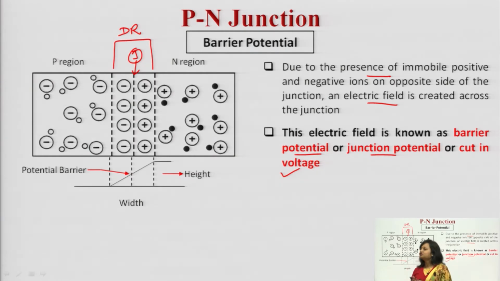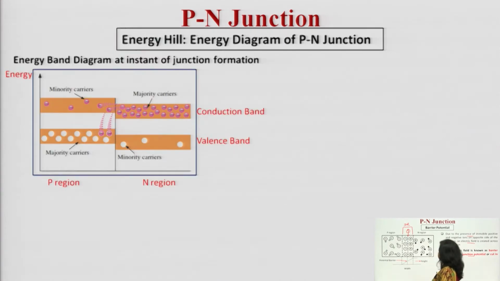Because of this barrier potential, further diffusion will take place only when the applied voltage crosses this barrier potential. If you talk about silicon, the barrier potential is 0.7. If you talk about germanium, there is some other value. So, this is how you can explain the barrier potential.